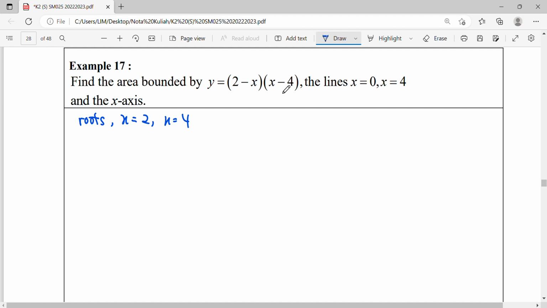When we expand, we can see negative x times x, negative x squared, which means this quadratic will be concave downward. So we know one root is at 2 and another root is at 4.